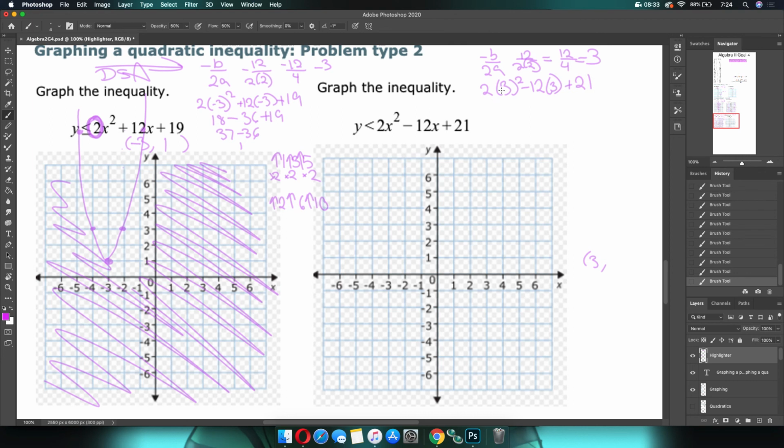So that's going to be 3 squared is 9, 9 times 2 is 18, minus 36 plus 21. 18 and 21 is 39, 40 minus 36, which is 4. So 3 comma 4 is our vertex.